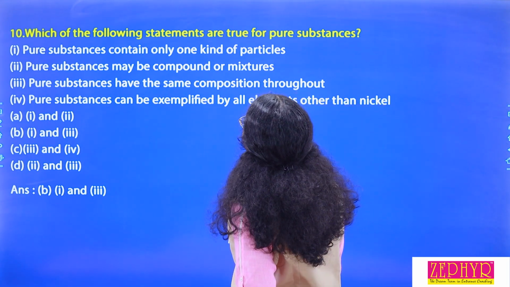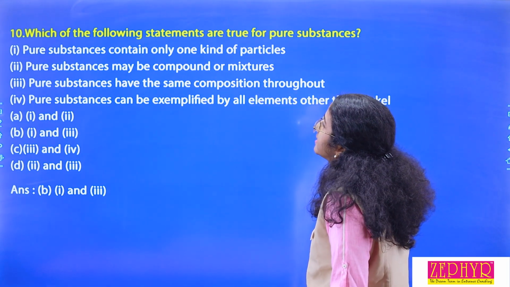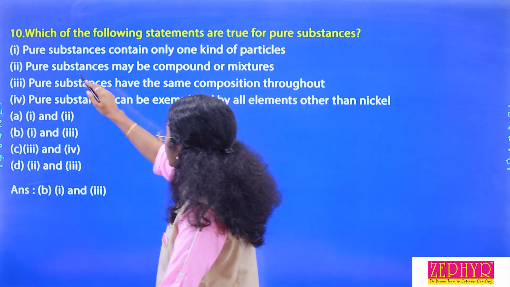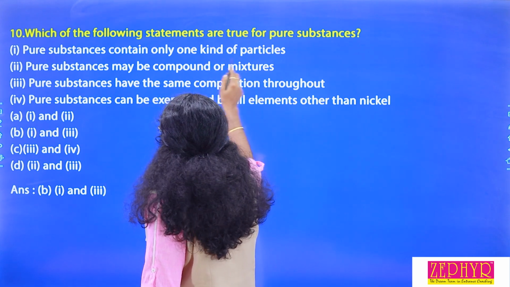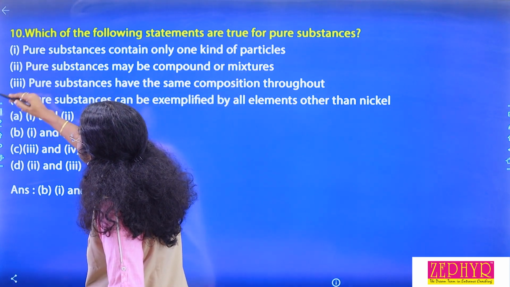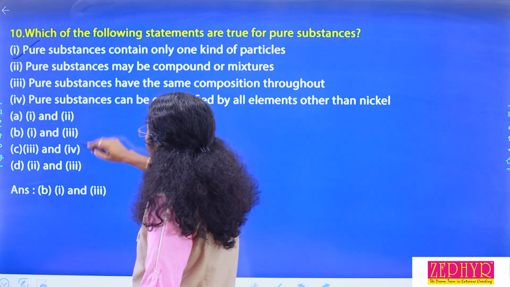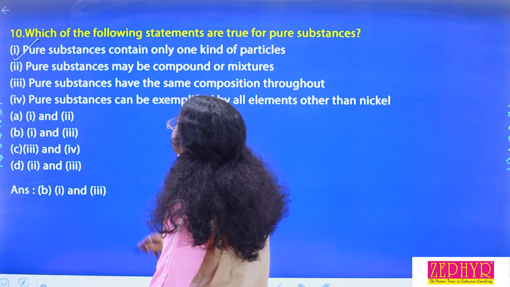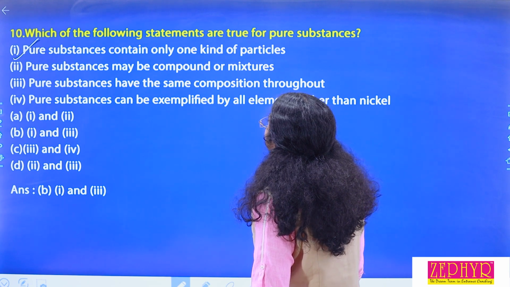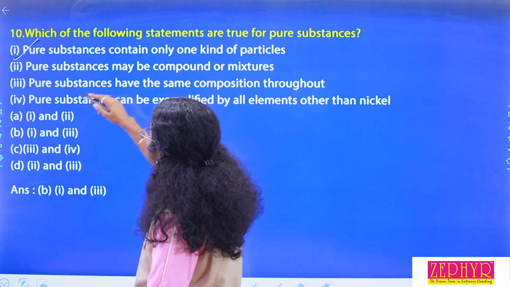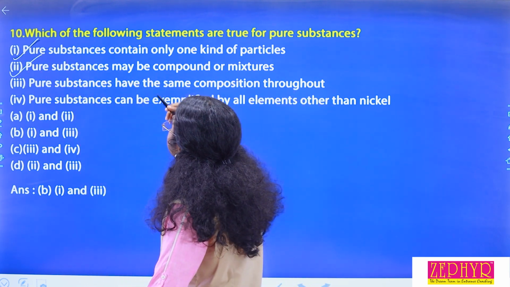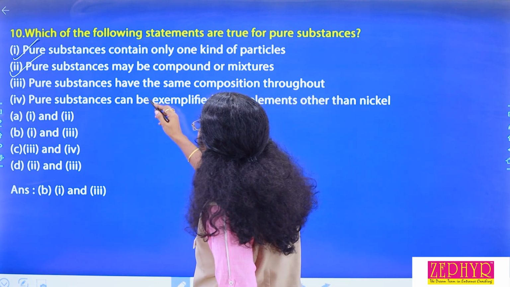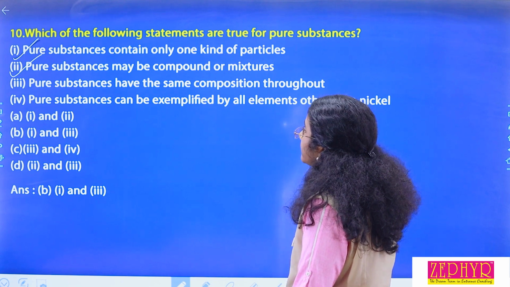Then question number 10. Which of the following statements are true for pure substance? Pure substance contains only one kind of particles, that is right. Pure substance has the same composition throughout, that is right.